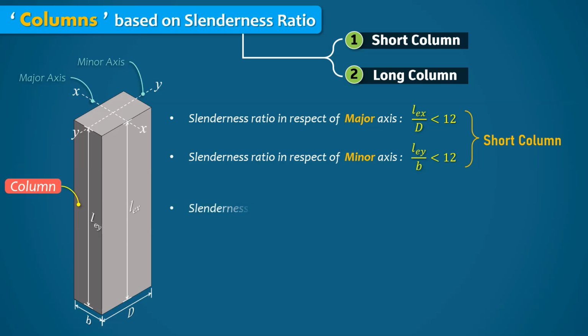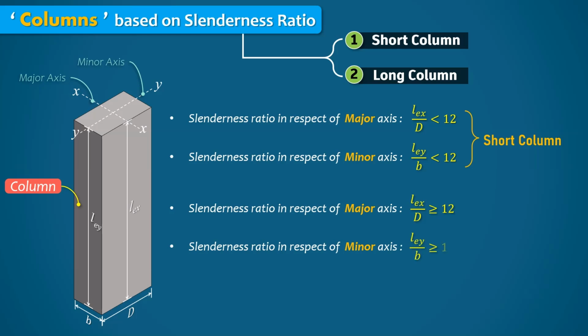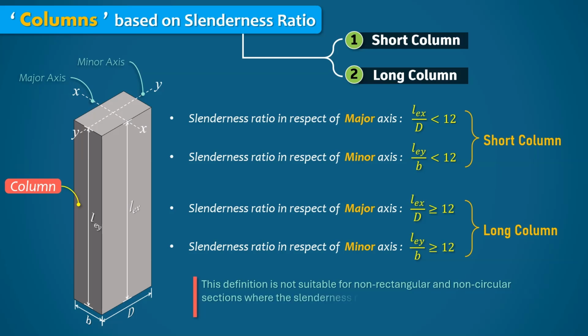If any of these ratios is equal to or more than 12, then it is termed as slender or long column in that direction. The above definition is not suitable for non-rectangular or non-circular sections, because in these sections the slenderness ratio is better defined in terms of the radius of gyration rather than the actual dimension.